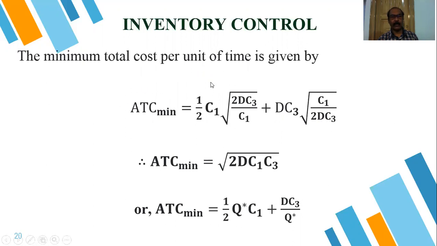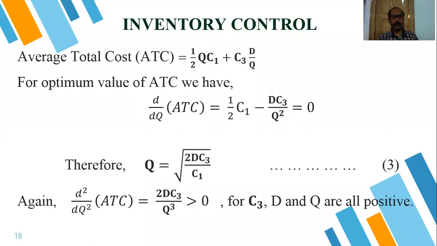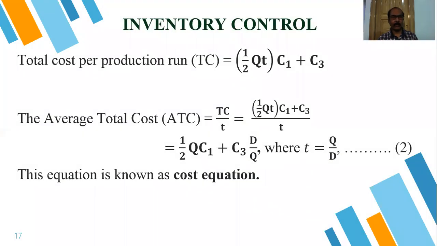One by one we have to find out the value of that. ATC, we know the ATC, so ATC mean is equal to half C1 Q star plus DC3 by Q star. This is our value of the T. ATC, what is our ATC?